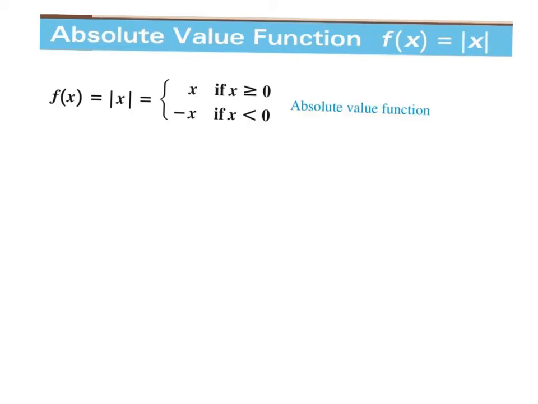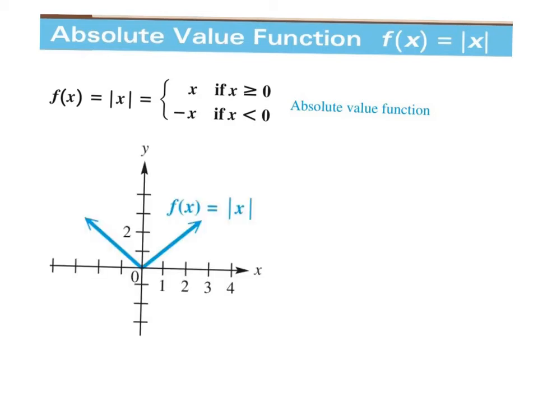The absolute value function when x is negative is defined by the negative identity function, negative x, and when your x values are non-negative, meaning greater than or equal to 0, it's defined by the identity function, f of x is equal to x. And here's a picture of the graph so you can know what I'm talking about.